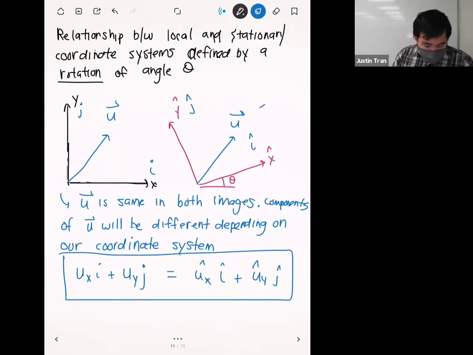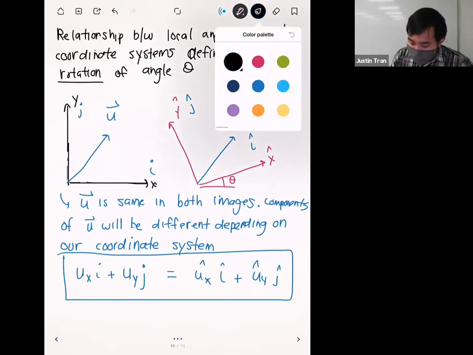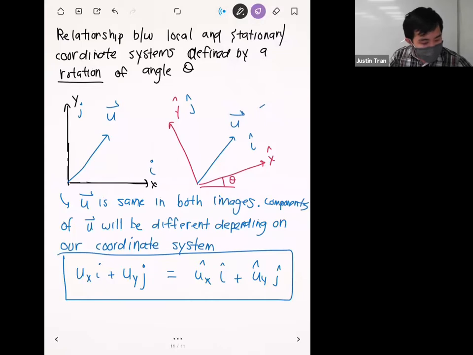But this expression here is a little bit annoying because we have too many values going on. So what we're going to do, and I'll start it today but we'll definitely pick this up on Thursday, is find representations for these unit vectors in terms of just one system.